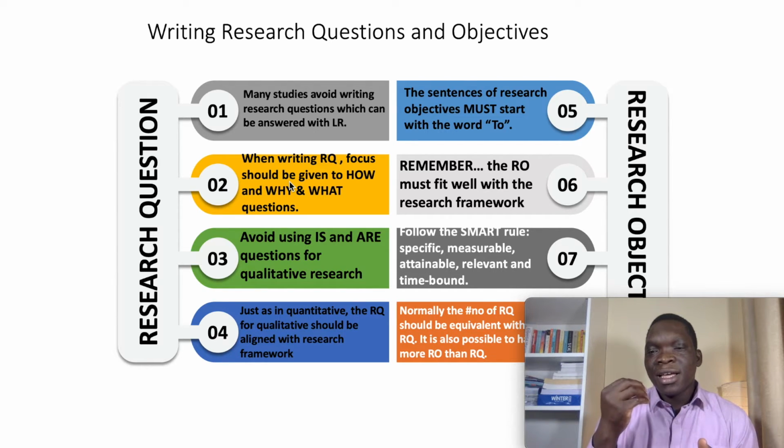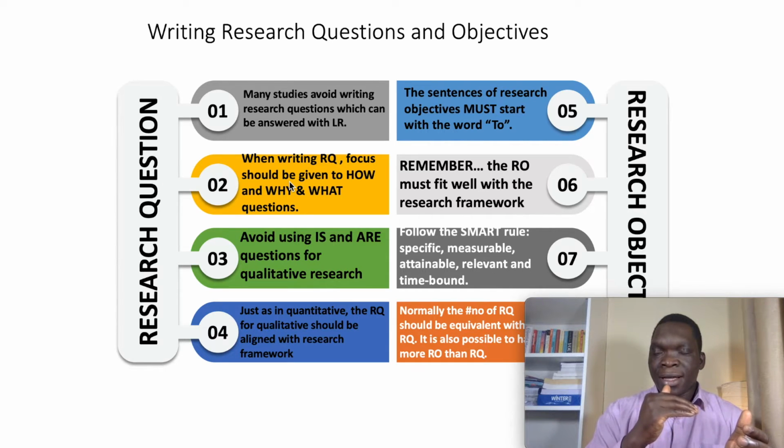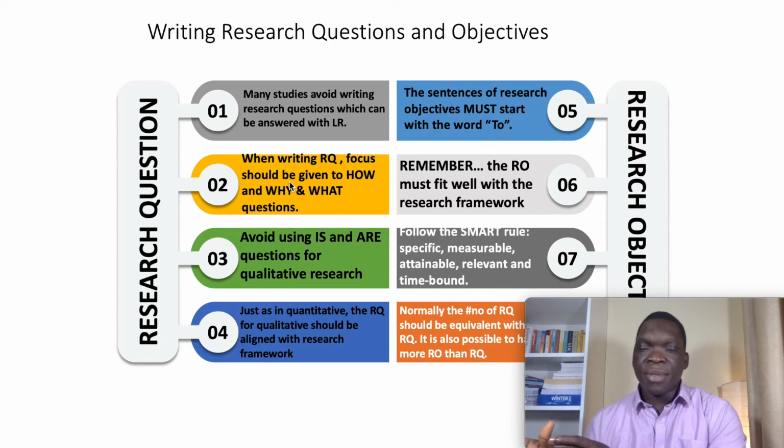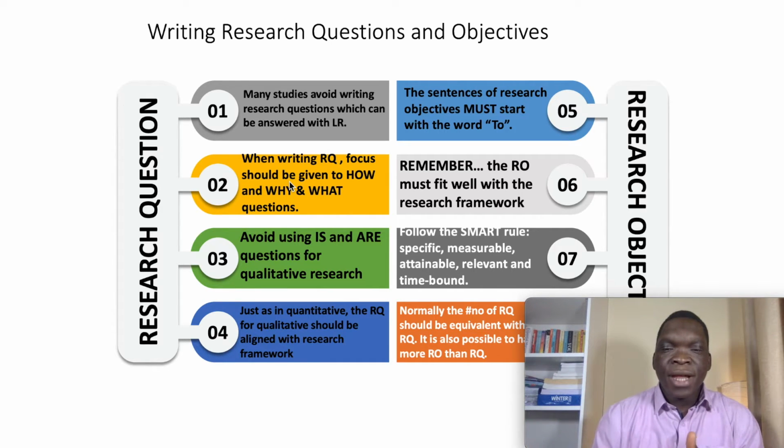What is the impact of domestic violence on psychological well-being? That is your question. So your objective will come as to examine or to determine or to investigate the impact of domestic violence on psychological well-being. I hope that is clear.